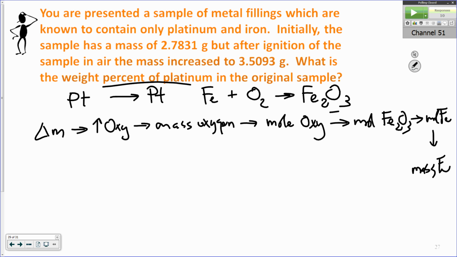Let's find the delta mass. I'm going to take the two masses and subtract them from one another. Play along in your calculator if you've got it. Make sure I don't enter something wrong, because I'm just as prone to it as you are.